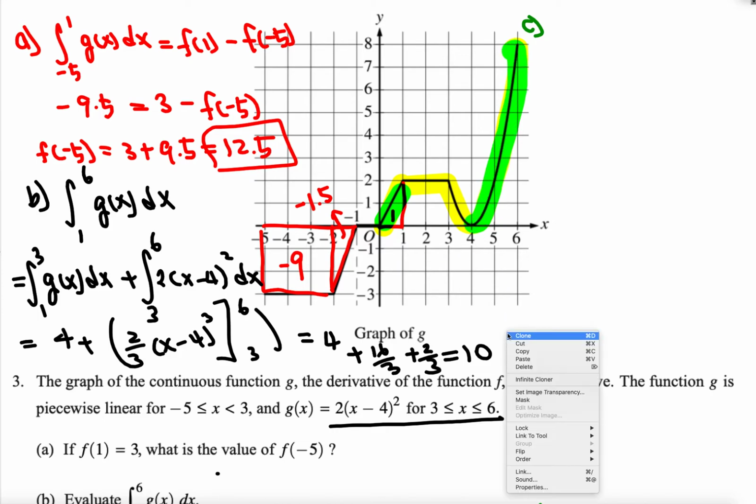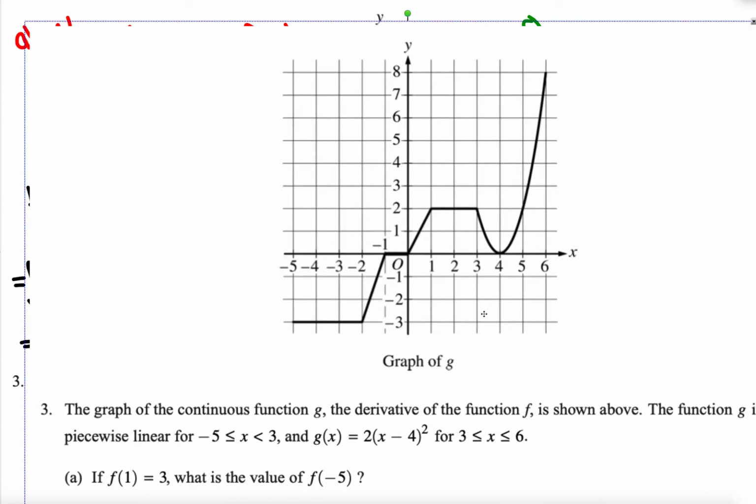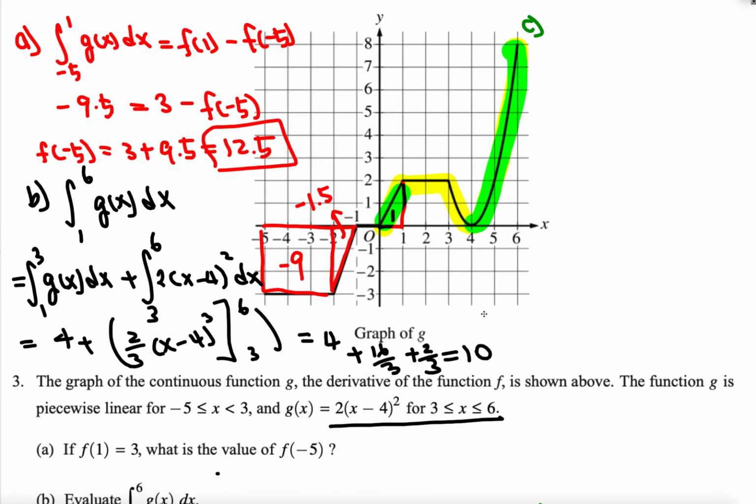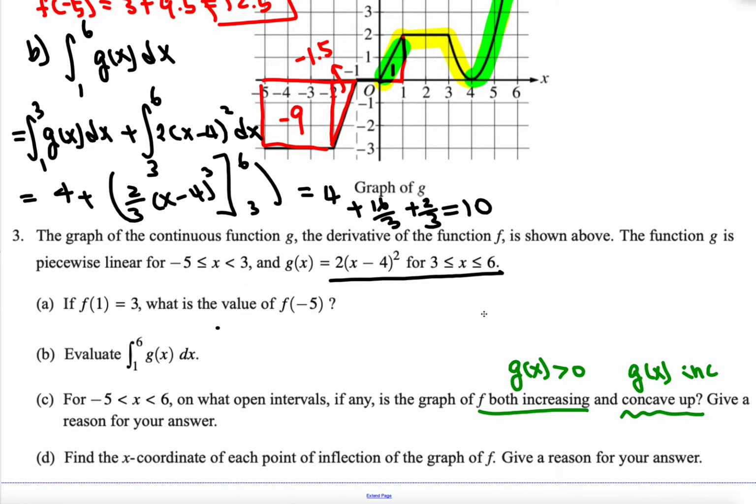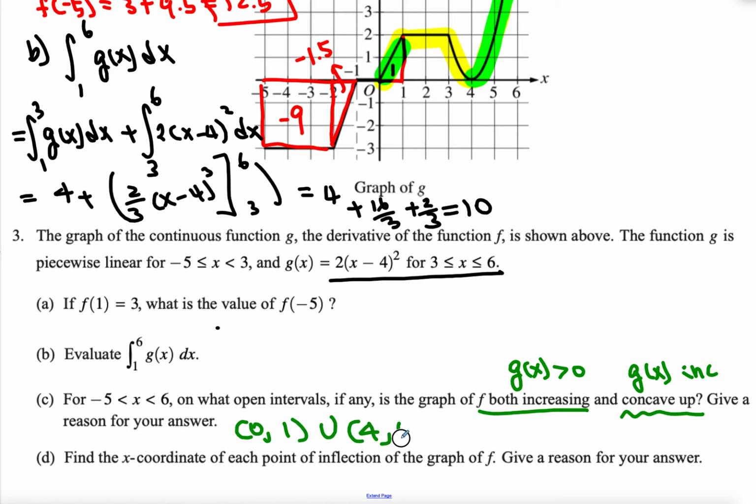So we have two intervals that satisfy the answer. Our answer will be 0 through 1 as one interval, and the second interval is 4 to 6.